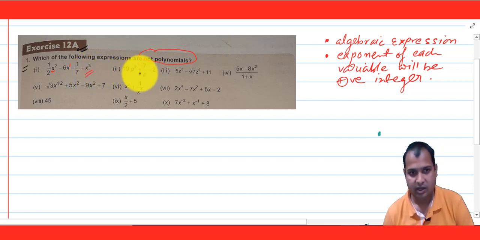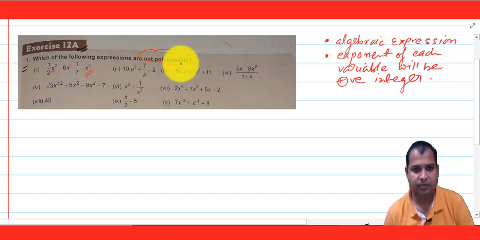Now check this one. Firstly, this is an algebraic expression because it contains variables and constants. But the problem is, if you see this p, let me write it over here: it is 10p square plus 7 upon p minus 2.